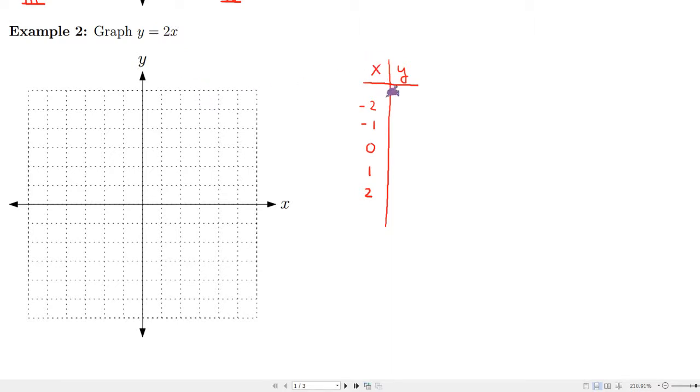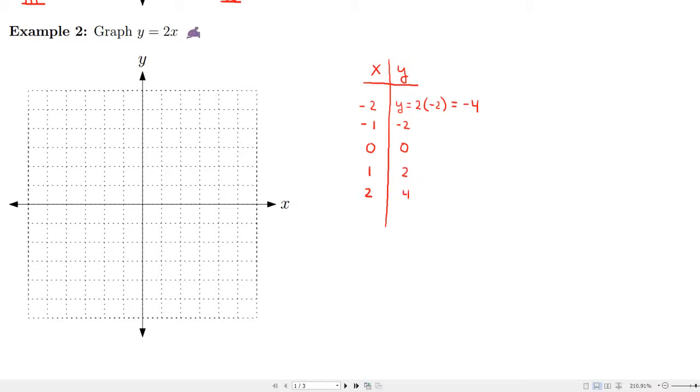So y is equal to 2 times this x value. That would be negative 4. You're just going to multiply the corresponding x value by 2. So we'll get negative 2. 0 times 2 is 0. 2 times 1 is 2. 2 times 2 is 4.